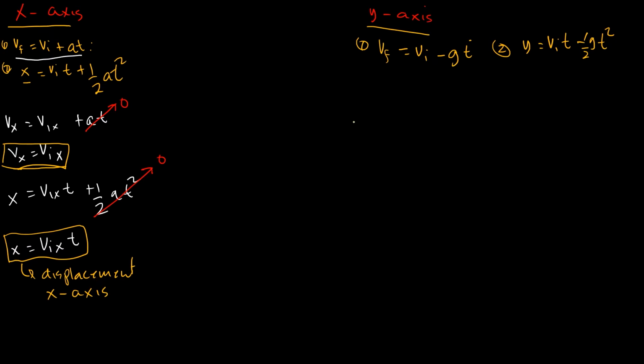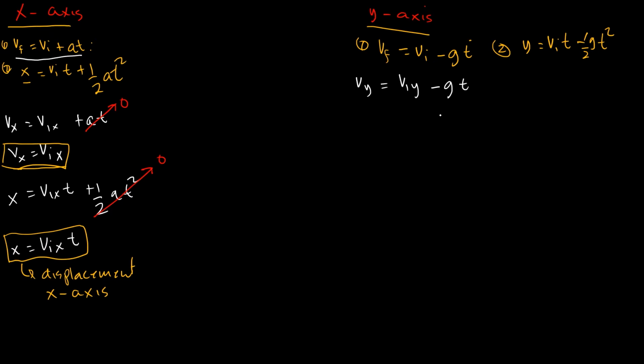Now let's go for the y-axis. Let's try to use this equation here. The v sub f becomes v sub y, equal to v sub iy minus g times t.